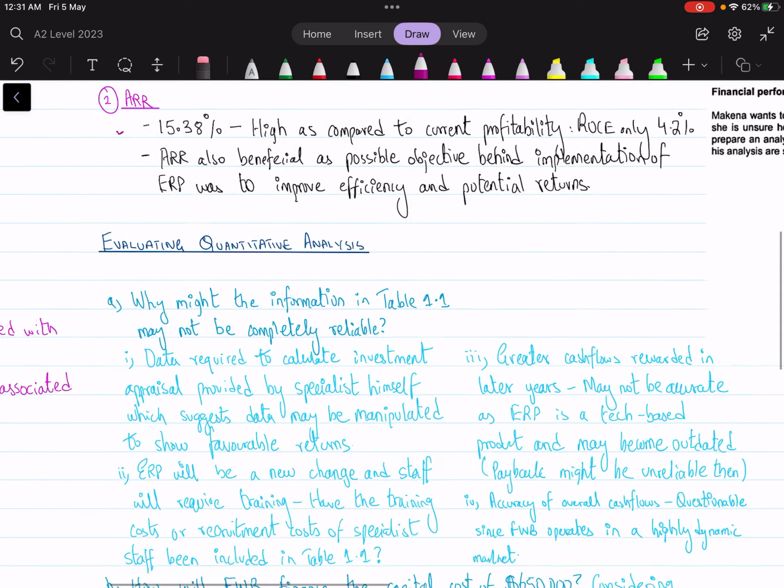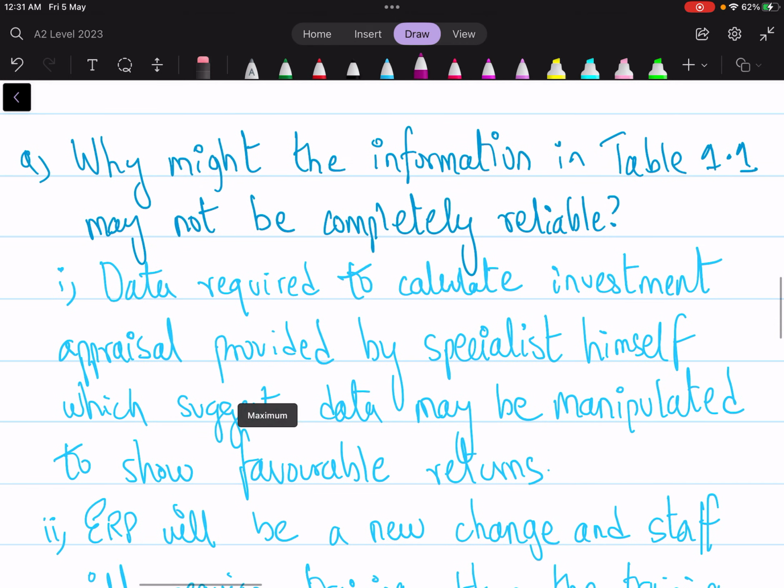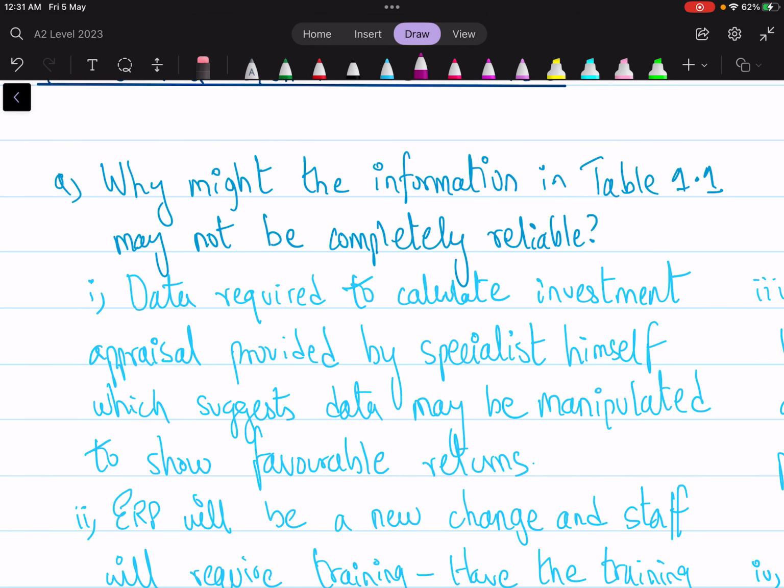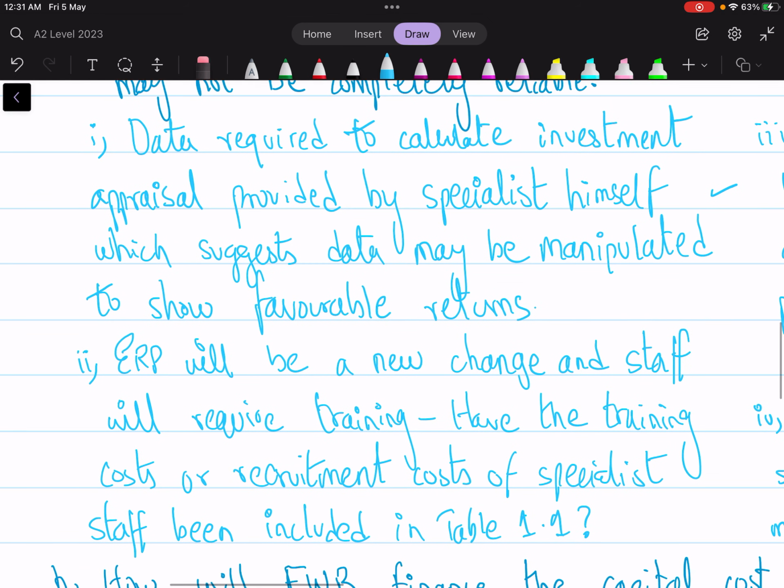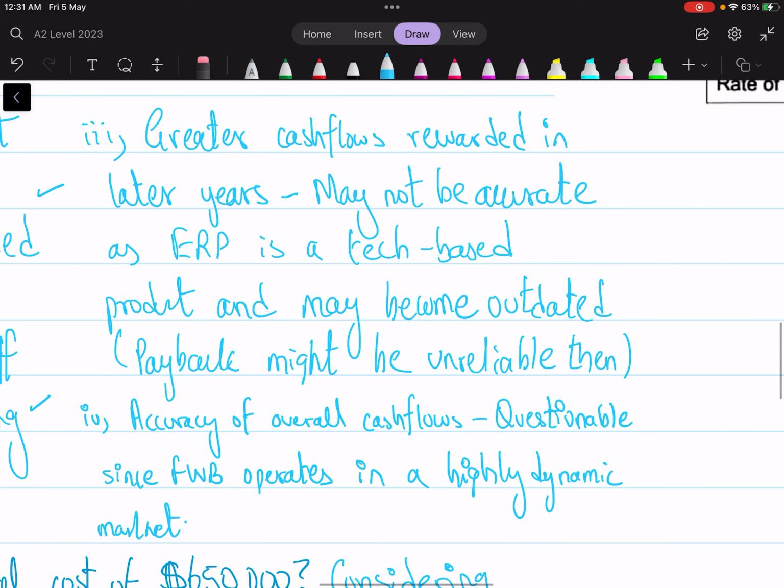So let's talk about evaluation. Number 1, data required was provided by the specialist himself. So why would it be true? Training cost, recruitment cost, have they been included in the appendix that has been given? Also, the greater cash flows have been recorded in the later years.